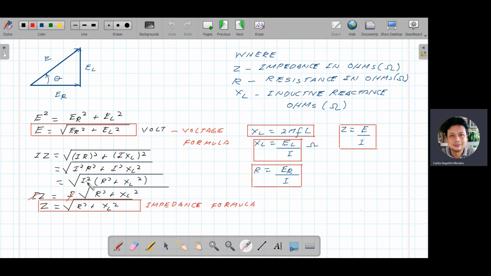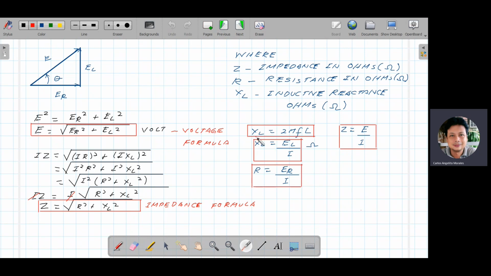Kunin mo yung square root ng I squared, magiging I na lang. Ang matitira sa square root itong dalawang ito. So, dito sa I Z, pwede mo i-cancel yung I. Kaya yung impedance formula natin ay Z equals square root of R squared plus XL squared, where Z is the impedance in ohms, R resistance in ohms, XL inductive reactance in ohms.